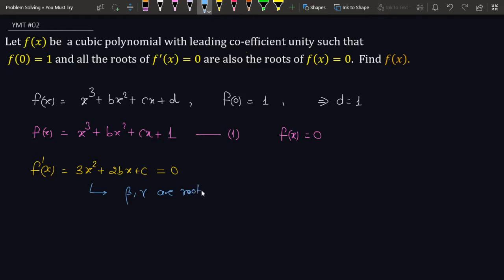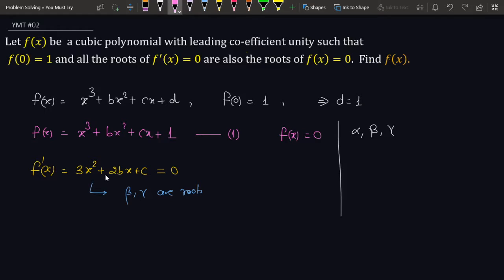If beta and gamma are the roots of this quadratic equation, of course beta and gamma are the roots of this cubic equation as well, because that is what the question is saying. A simple side note here: f(x) = 0 has 3 roots because this is a cubic polynomial. Let us take alpha, beta and gamma, where beta and gamma are common to this quadratic equation.